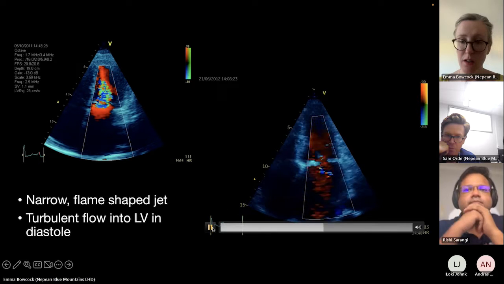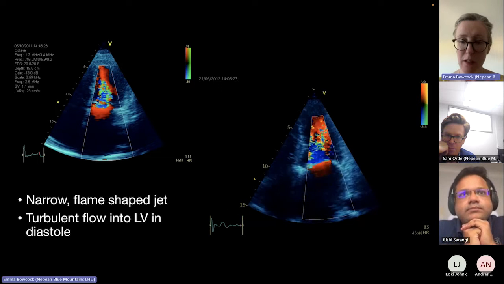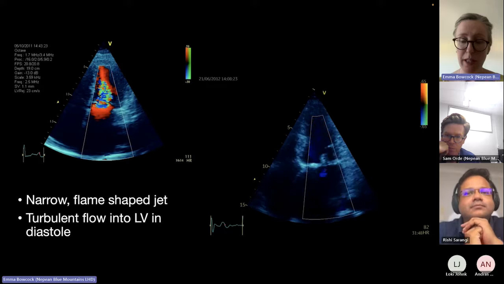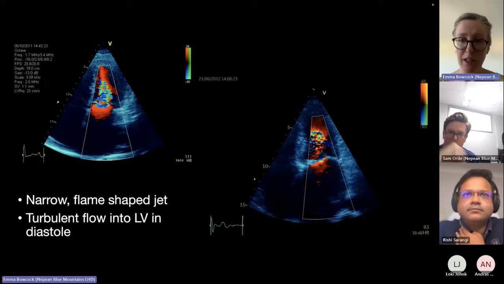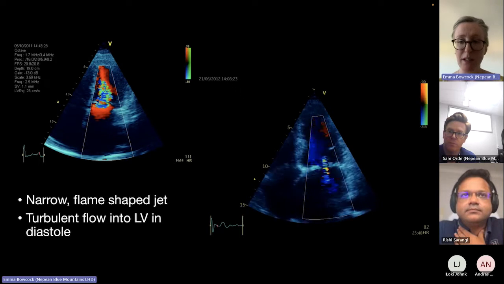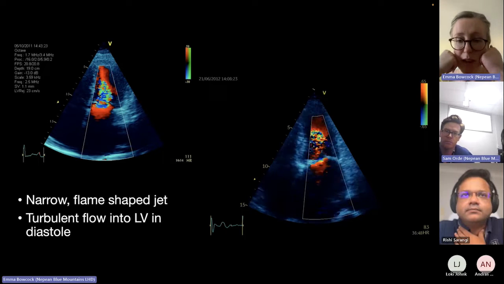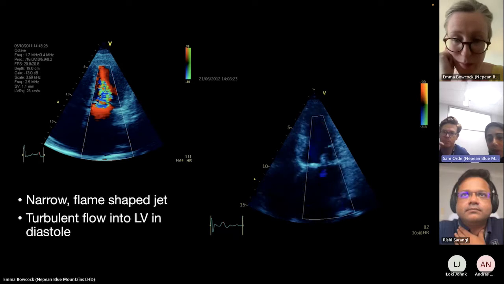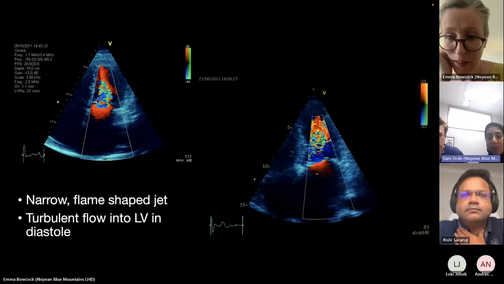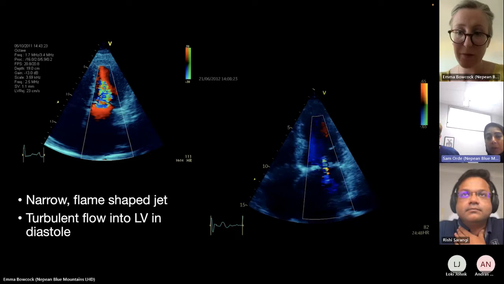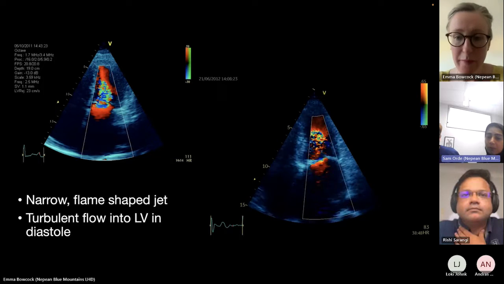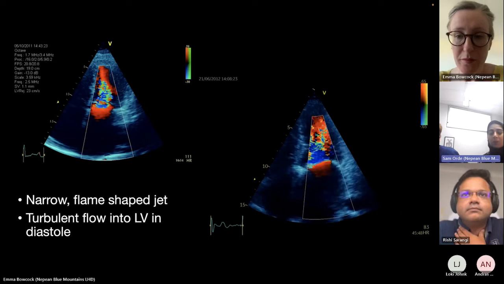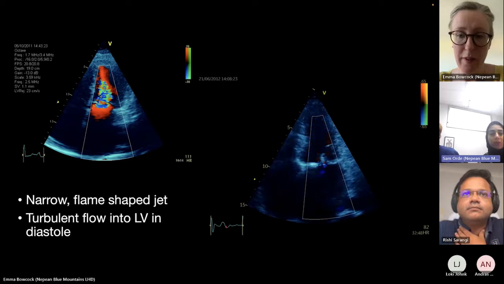Another example here. Umi, might you want to comment on what you can see with this color Doppler and how you might optimize it? The scale is appropriate for the color Doppler. In terms of just the movement of the leaflet, it's quite restricted.